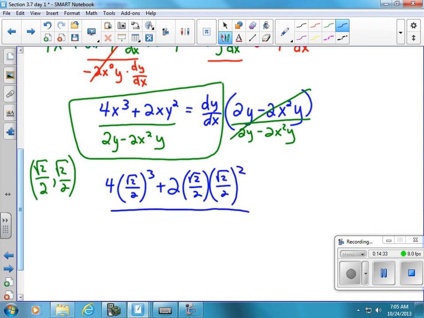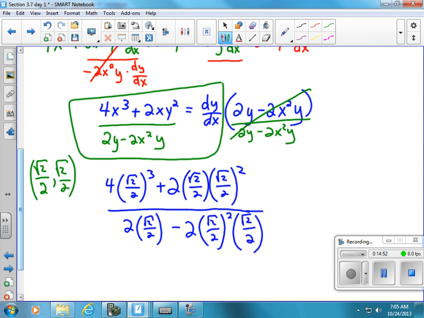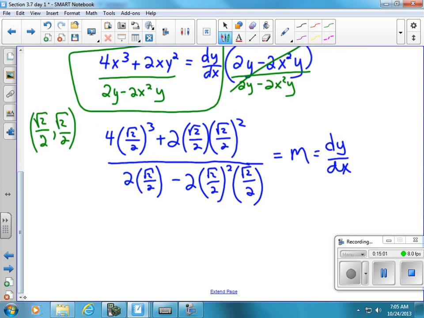See how well you can square square roots. This is a minus. And you can check my work because I know you like to do that. This is our slope, this is our dy/dx. But the amount we get for the slope should be 3.